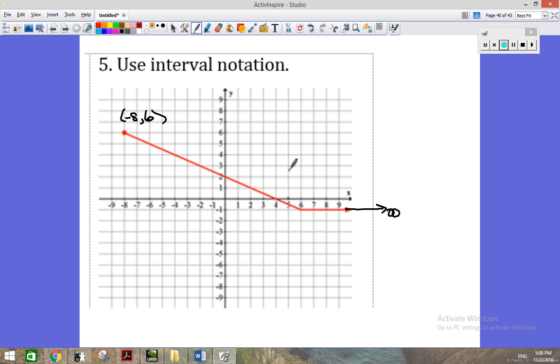So when I go to figure out my domain, the x's, I don't have any point on the graph that's to the left of -8. And since that's a solid point, of all the infinitely many points on this graph, you can search forever and you'll never find an x coordinate that is smaller than -8. You'll find one that equals -8 right there.